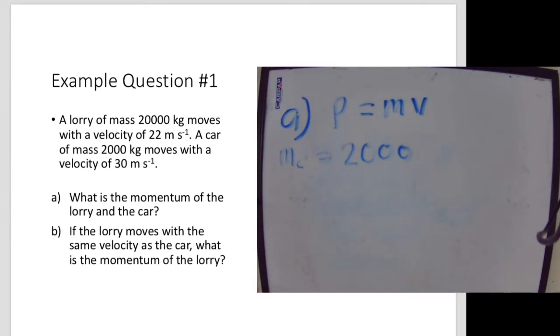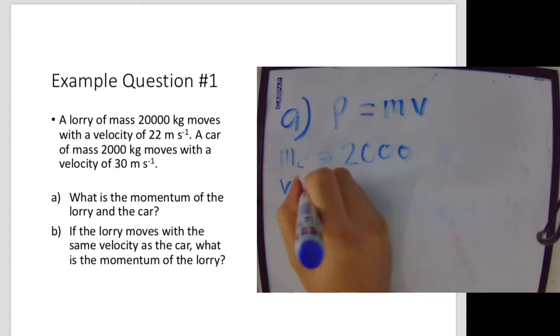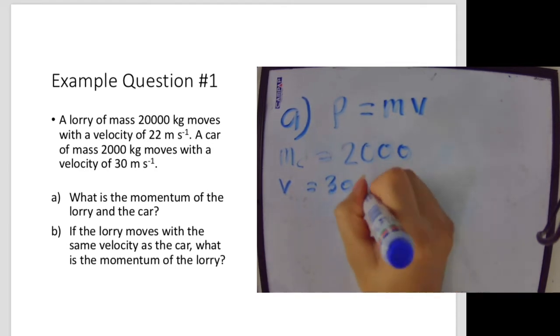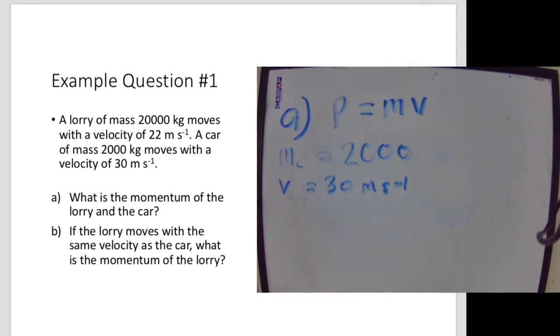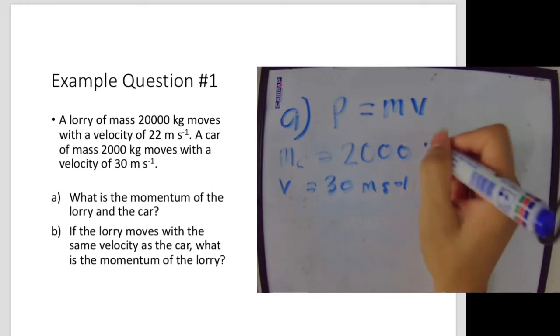Velocity of the car is 30 meters per second. Mass should be 2,000 kilograms.